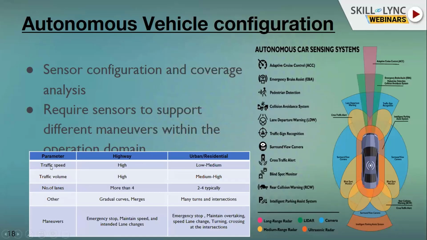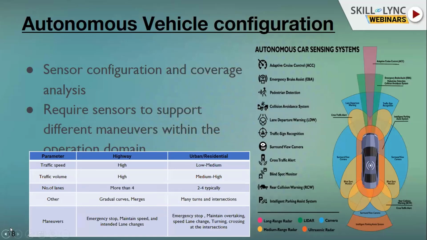The traffic speed in a highway scenario is very high, and in urban it varies from medium. Traffic volume in highway is high, and in urban it is medium to high. Number of lanes in highway could be more than 4, and in urban typically 2 to 4. Highways have gradual curves and a lot of edges. Urban roads have many turns and intersections.